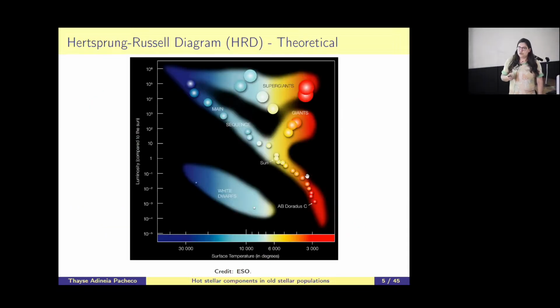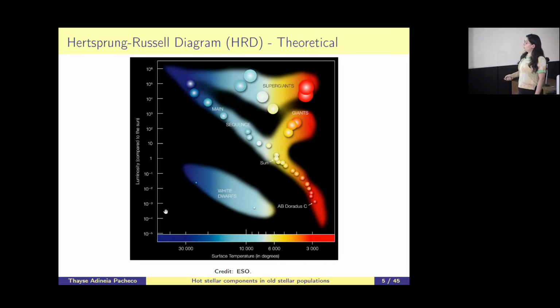Going to the theoretical plane, we have the HR diagram, where we have the luminosity on the vertical axis and the effective temperature on the horizontal axis, with the hottest stars on the left side.